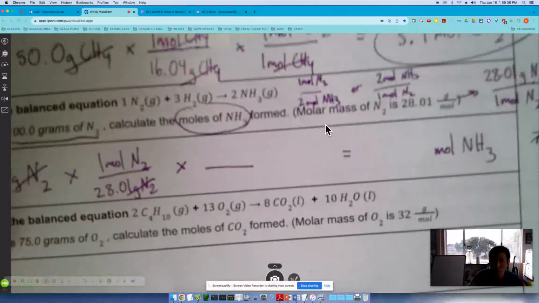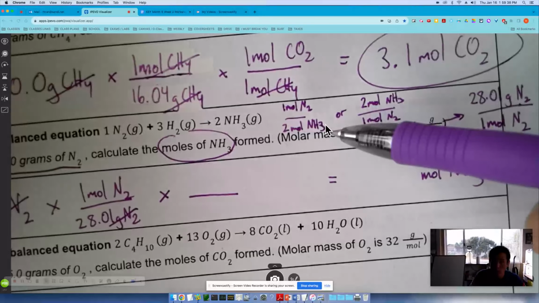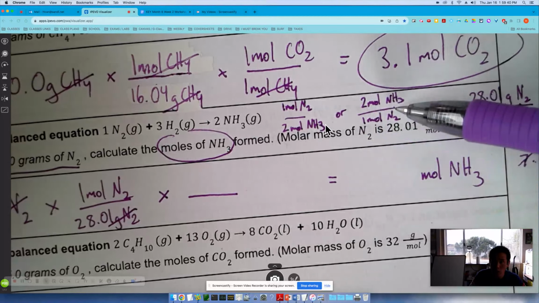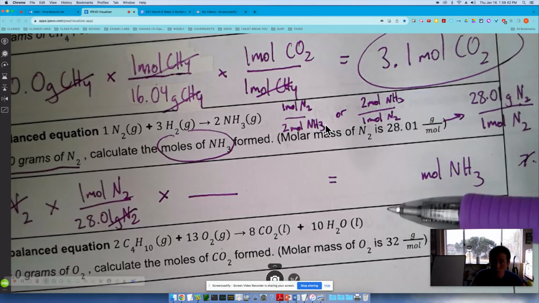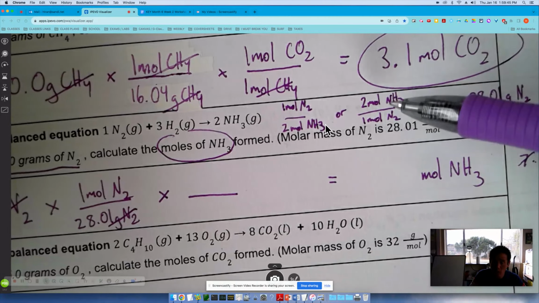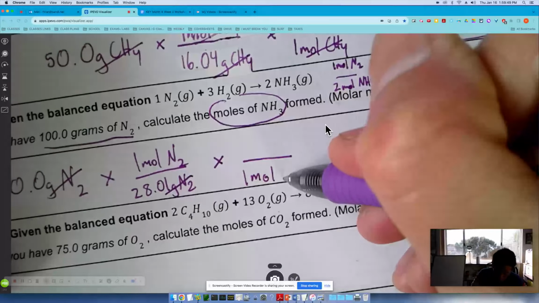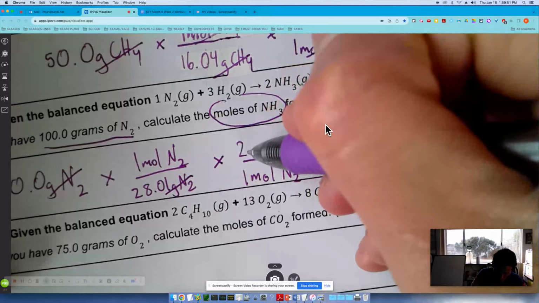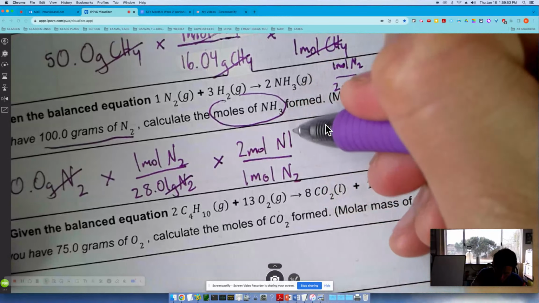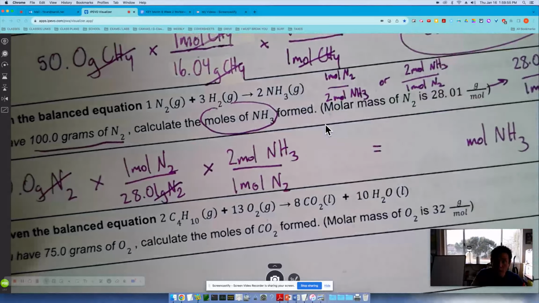Sorry if that's hard to read. The question is, which version do I need? This one or this one? The truth of the matter is you need this version. Let's go ahead and write that down. Again, the reason why is this order with the moles of N2 on the bottom.